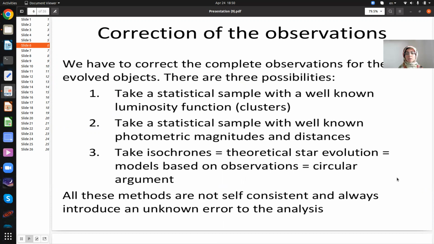Three: take isochrones and theoretical stellar evolution models based on observations, which is a circular argument. All these methods are not self-consistent and always introduce an unknown error to the analysis.